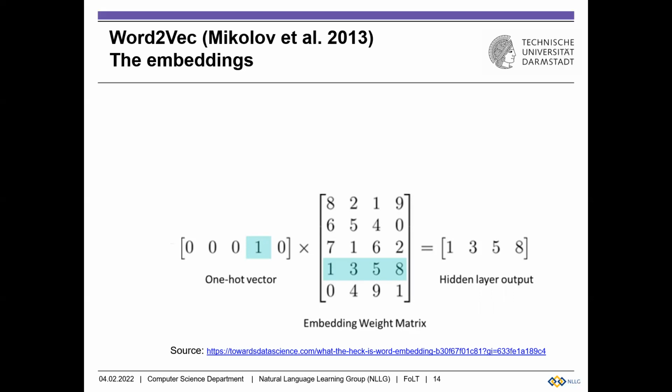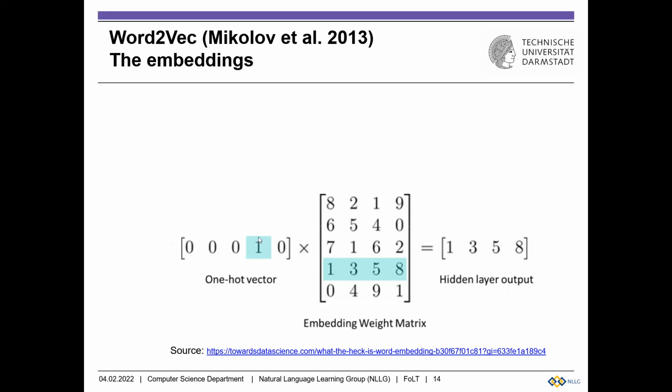So if the English vocabulary has 1 million words, it will have length 1 million, and this is the same size as the one-hot vector. And in the other dimension, it has d dimensions, and d is a number that we can set. So this is the dimensionality of the word vector.